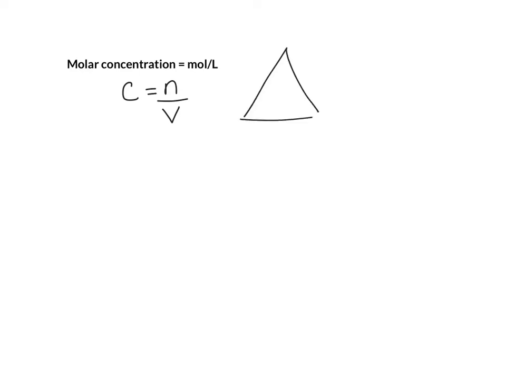If you like your triangles. Now, you have to have volume in liters, so this time, to go from milliliters to liters, you will divide by 1,000.